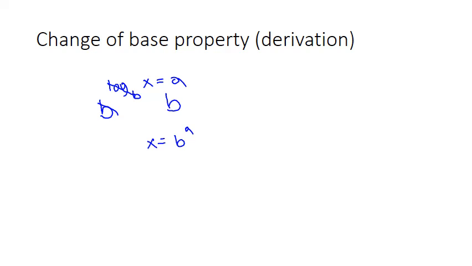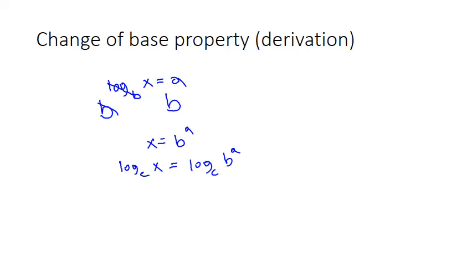Now, let's say that we took a logarithm again, but this time let's use a base other than b. So we have log base c of x on this side and log base c of b to the a on the other side. So we're using a different base, and since it's an equation, we're doing the same thing on both sides of our equation.